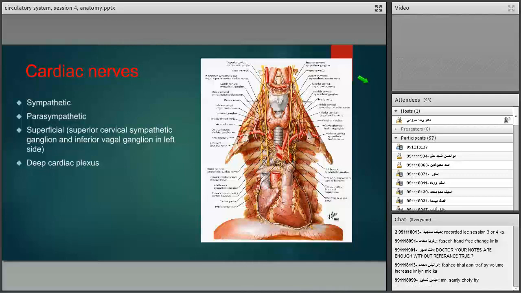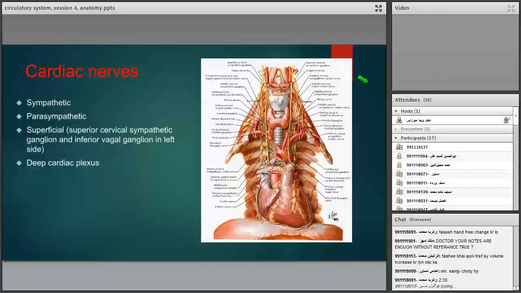The heart is also controlled by the cardiac nerves. These cardiac nerves contain sympathetic and parasympathetic fibers. These cardiac nerves control the heartbeat.